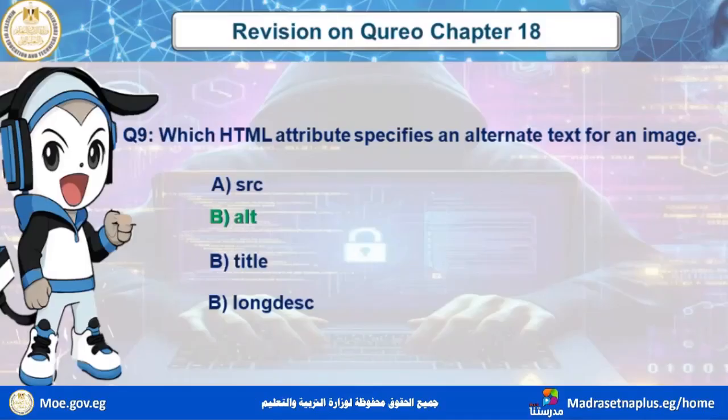Of course not. Do we have an attribute called title? Of course not. We have a tag called title, but here we have two attributes. The first one is SRC, which specifies the location or name of the image, and alt, which specifies the alternate text for an image.